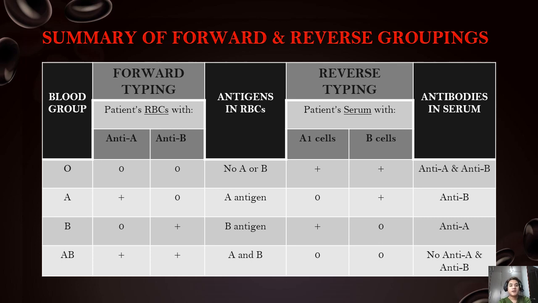Since they have both antigens on their RBC membranes, they will show a negative reaction for the A1 and B cells in your reverse typing, meaning it does not have any antibodies present in their serum samples, and this is exactly why a blood group AB is the universal recipient. So with this information, we can deduce that there is an inverse reciprocity between the forward and reverse grouping, and that they serve as counter checks for both of their results to validate the true blood type of an individual.